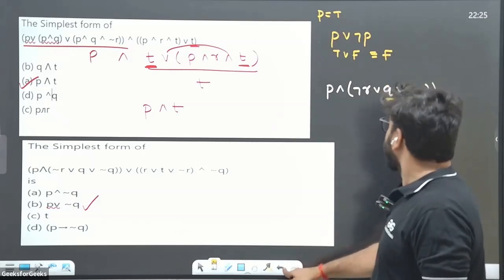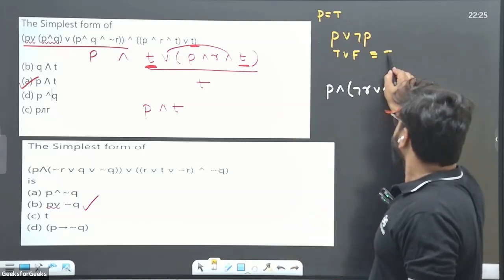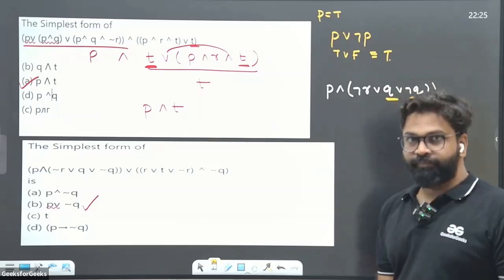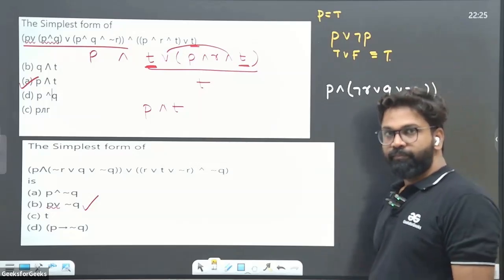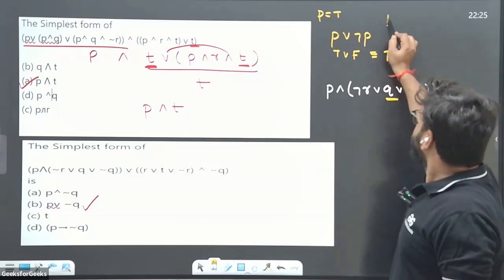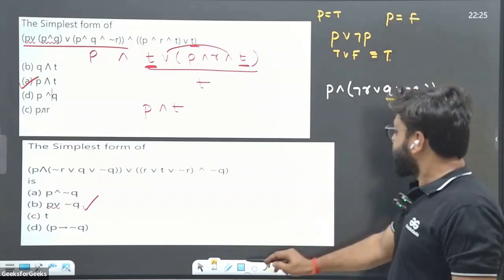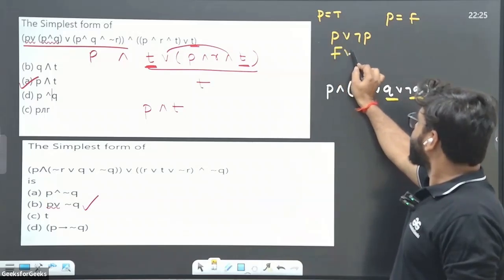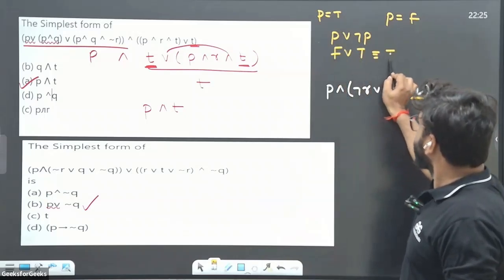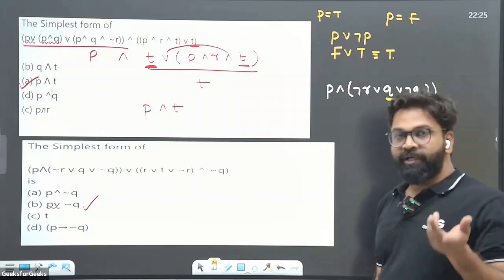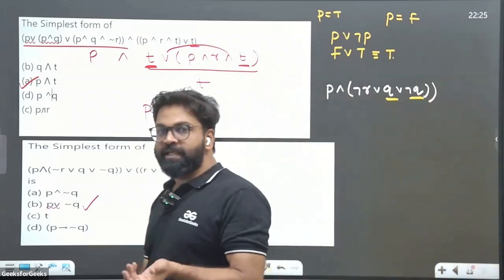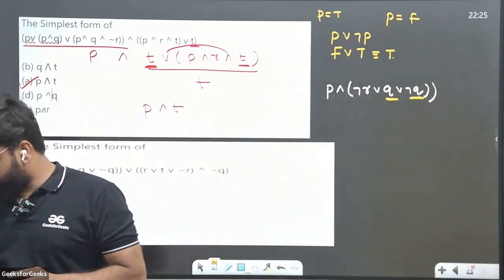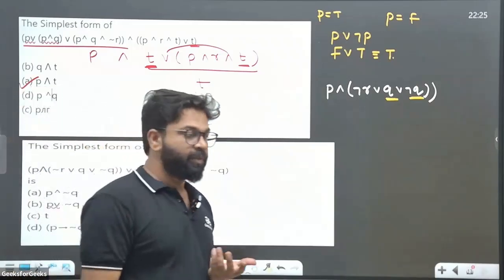Am I right? Yes, sir. Now suppose we put P as false. Then the first one will become false, the second one will become true. So again you will get the answer as true. So if one is positive and one is negative, you will always get true, because one of them will always become true.